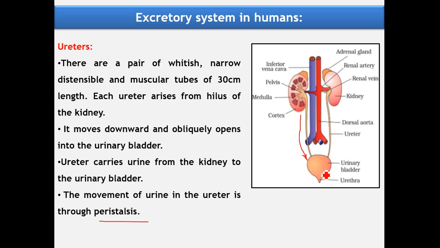There is no sphincter between the ureters and the urinary bladder, but as they are obliquely arranged, this prevents the re-entry of urine into the ureters from the urinary bladder.